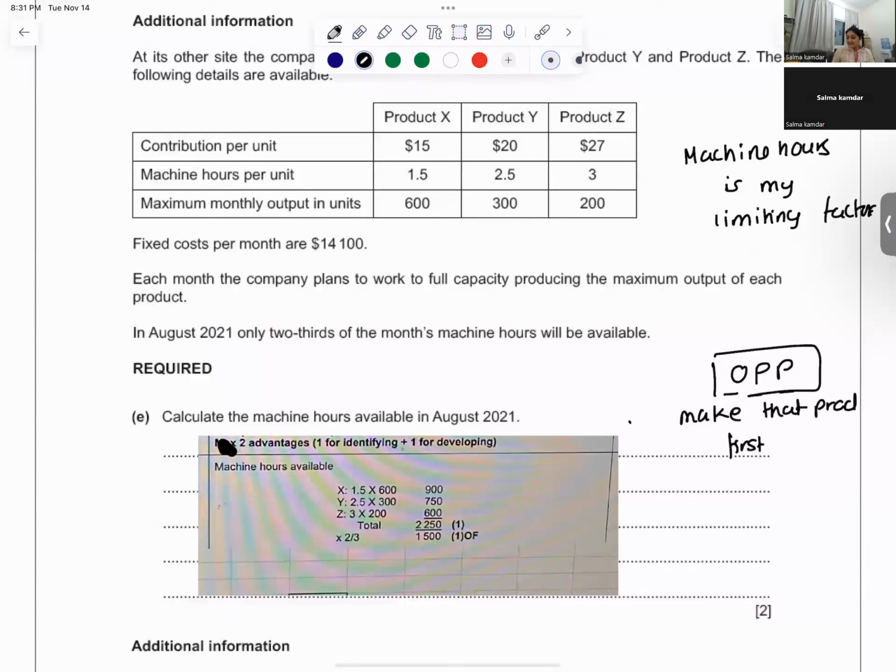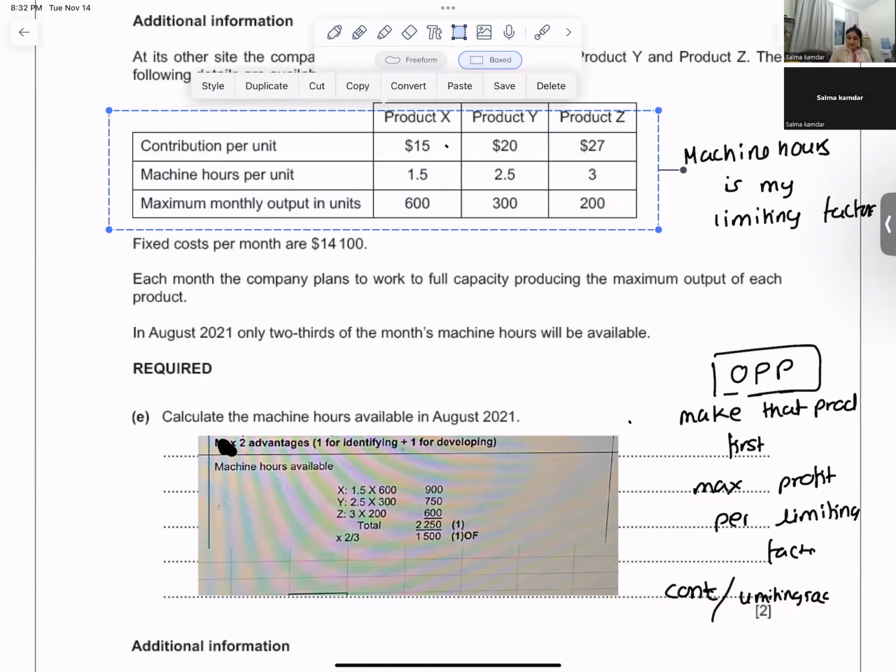So which product is going to give me the maximum profit per limiting factor? How will I come to know? I will come to know when I divide contribution by limiting factor. Let's see this.